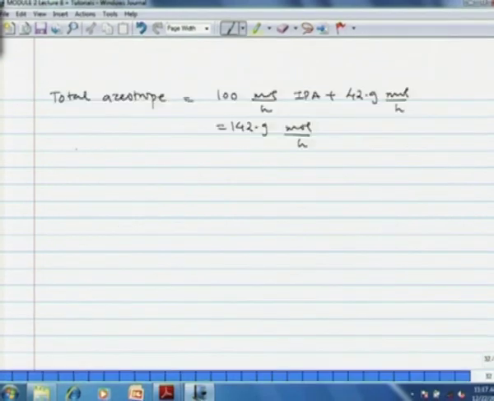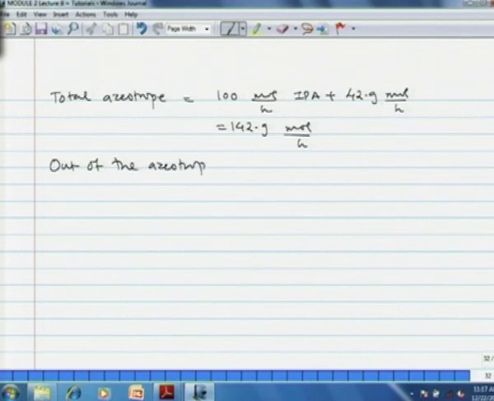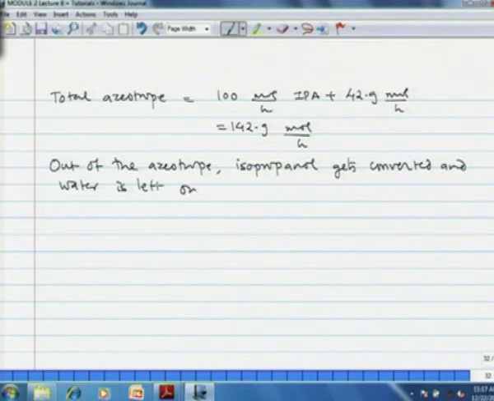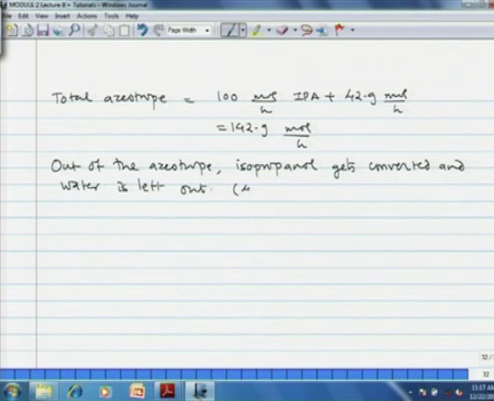Out of this azeotrope, the isopropanol gets converted and water is left out. Okay. That water will be 42.9 mole per hour.